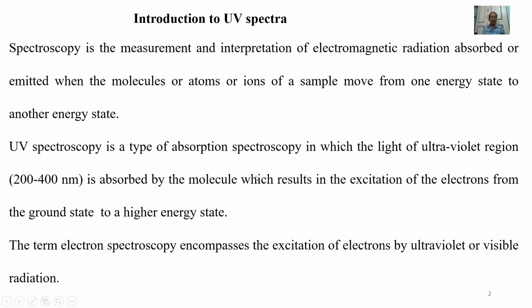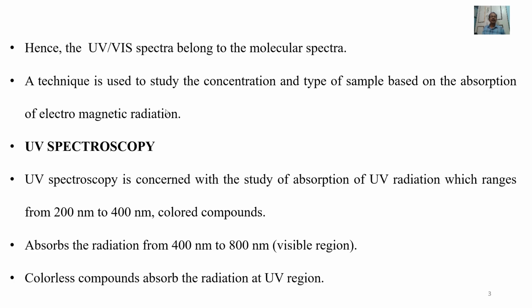The term electronic spectroscopy encompasses the excitation of electrons by ultraviolet or visible radiation. Hence, the UV-based spectra belong to the molecular spectra. The technique is used to study the concentration and type of sample based on the absorption of electromagnetic radiation.